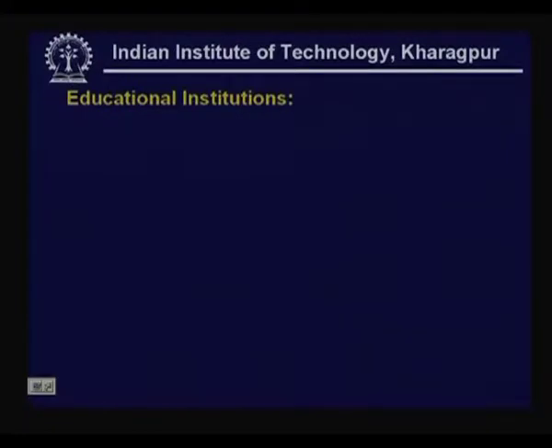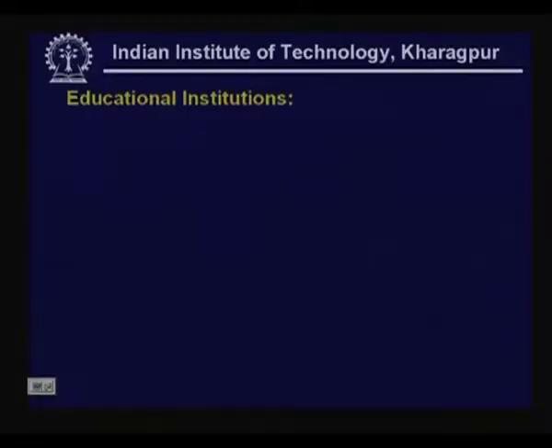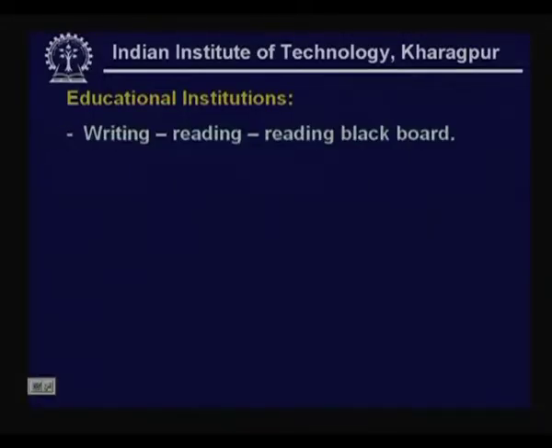Coming to the next important area, educational institutions like ours. In educational institutions, writing and reading is the major task, and reading the blackboard, though it says blackboard, these days it's a green board or white board, any of these boards.